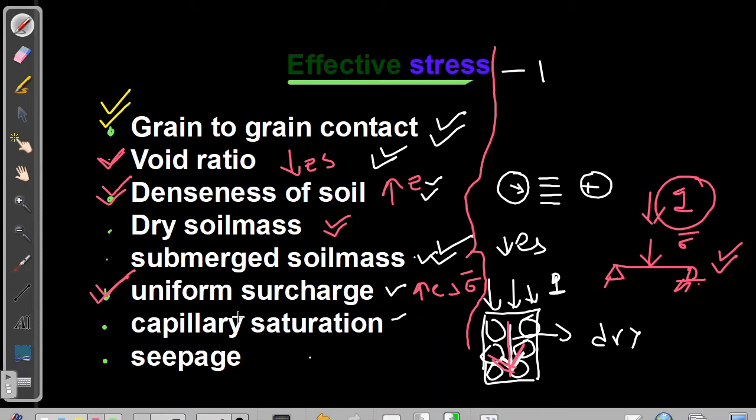So due to uniform surcharge, effective stress increases.